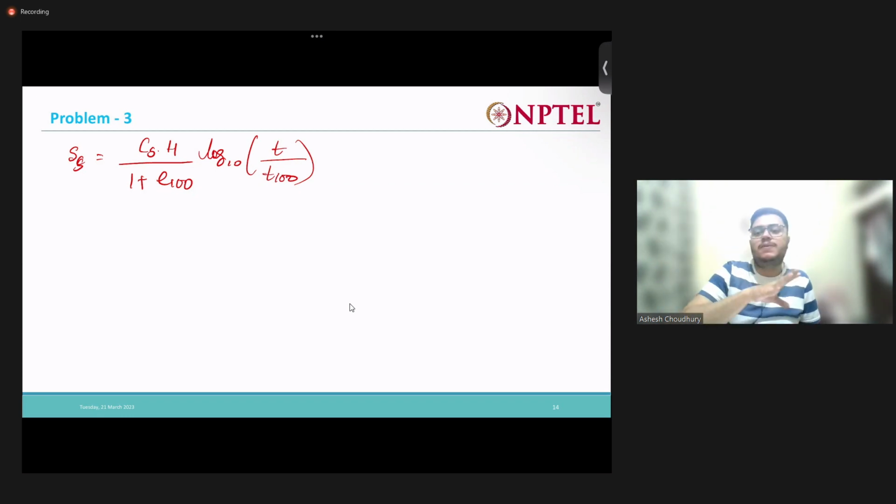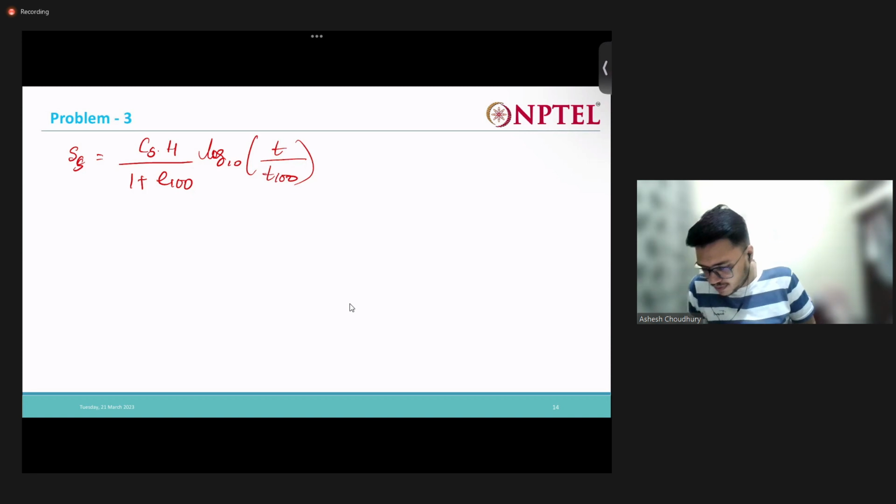That is, 100% of primary consolidation is over. That's why we are writing 100. That's E100 or T100. T100 means the time required for 100% of the primary consolidation. Right. So a secondary settlement is nothing but CS into H by 1 plus E100 log 10 T by T100.